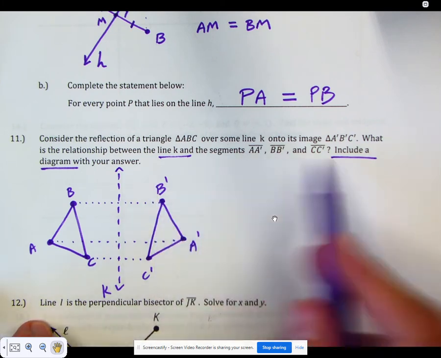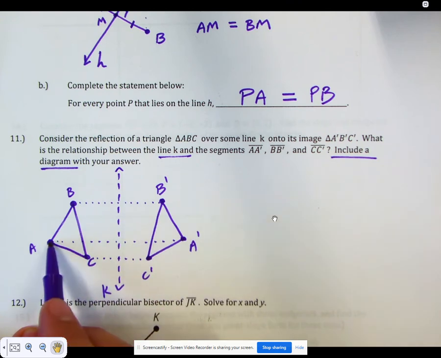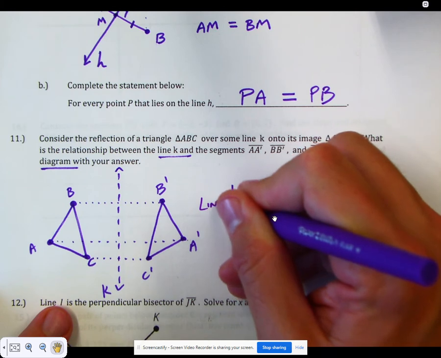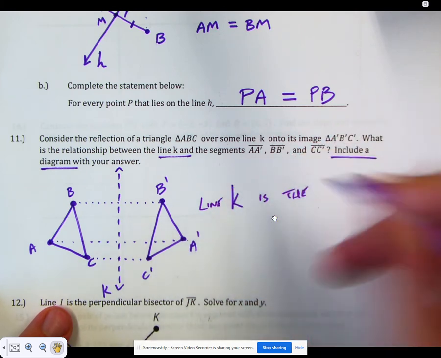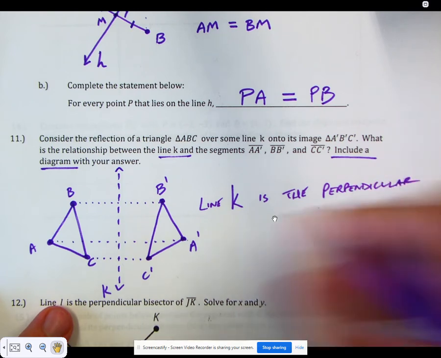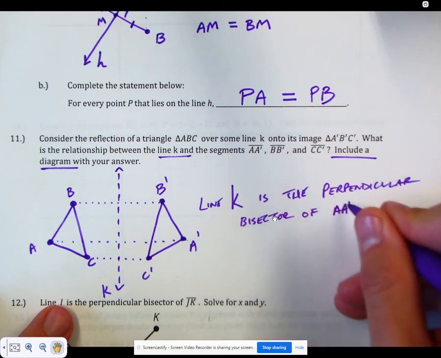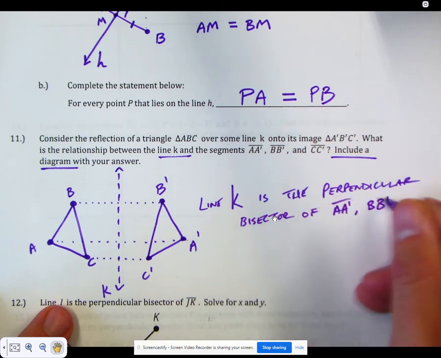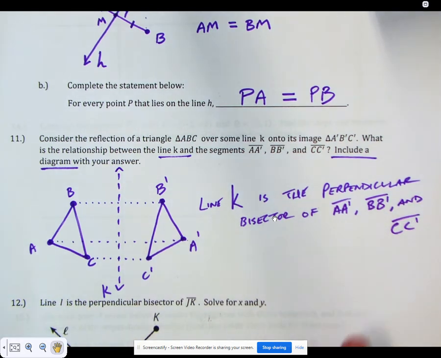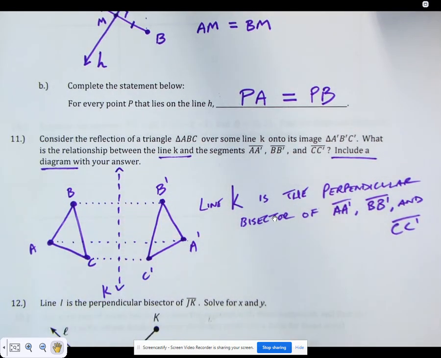So the relationship between line K and these segments, B, B prime, A, A prime, and C, C prime, is that line K is the perpendicular bisector of the segment A, A prime, the segment B, B prime, and the segment C, C prime. So there's my mathematical sentence there. Line K is the perpendicular bisector of all three of those segments.